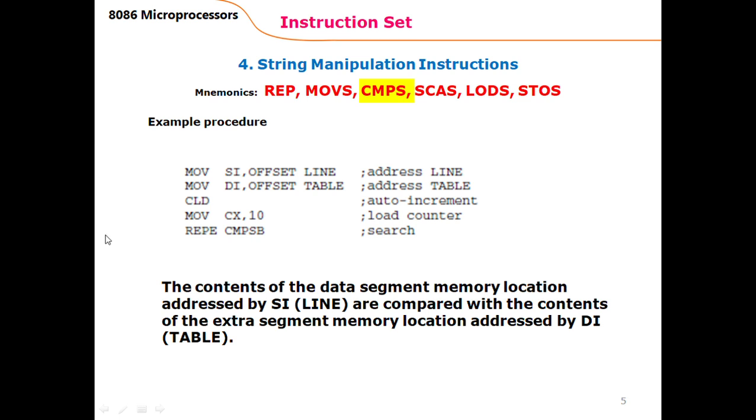So eventually it will stop only if CX becomes 0, or it will stop executing this instruction only if there is a mismatch between two bytes. If two bytes are not equal to each other, then this loop will break. So this is a kind of search between these two string data, line and table.